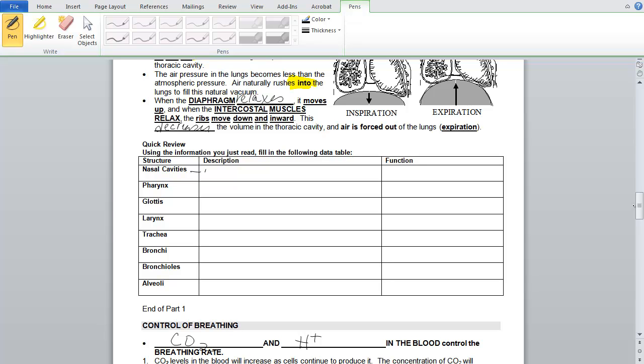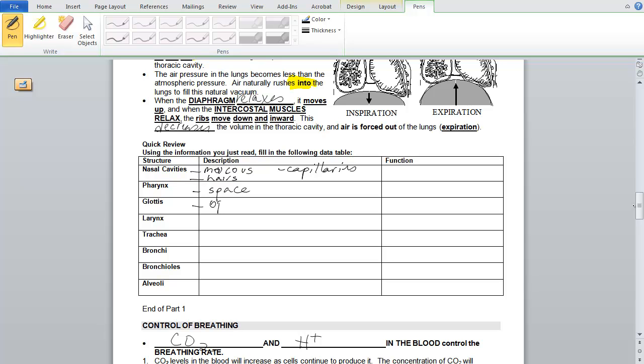So in our nose, we had mucus, and we had hairs. We had lots of capillaries. Pharynx really is just a space, right? It's just at the back of the throat.